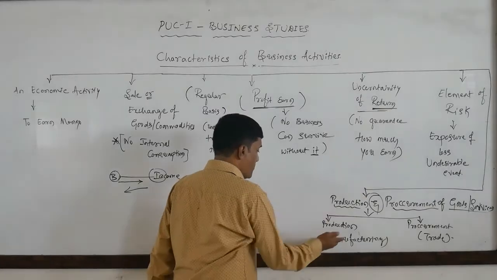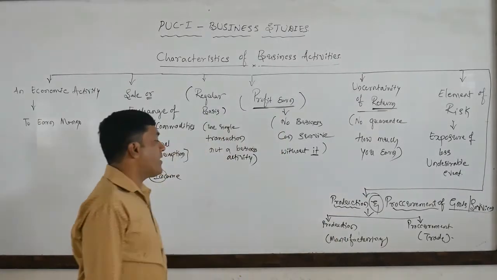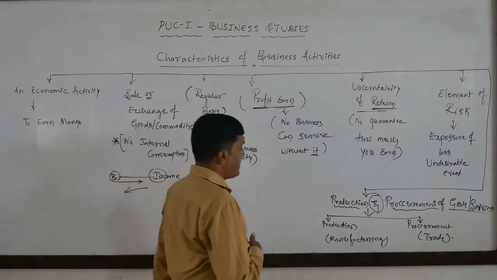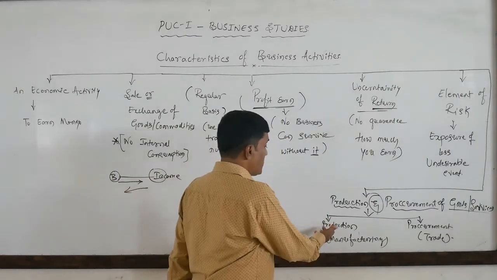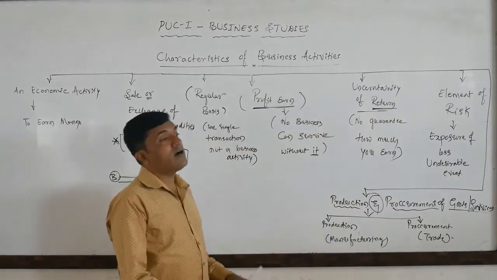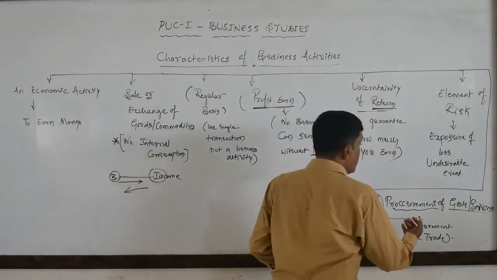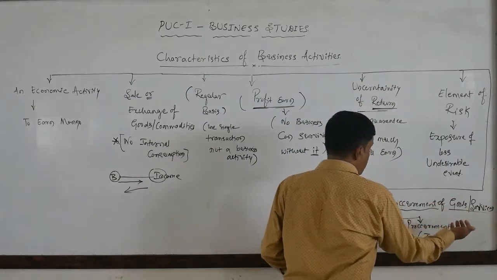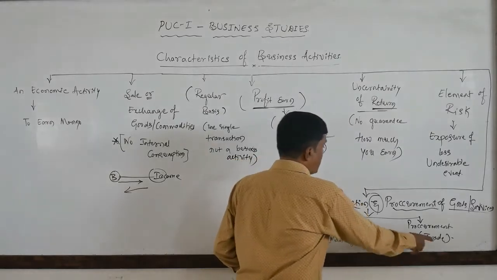In production, dear students, the production contains the manufacture of goods or commodities. It means the conversion of raw material into finished product, that is called production. Here one more, procurement, procuring raw materials, or procuring some finished goods, or procuring some services from outsiders. These are all called trade.